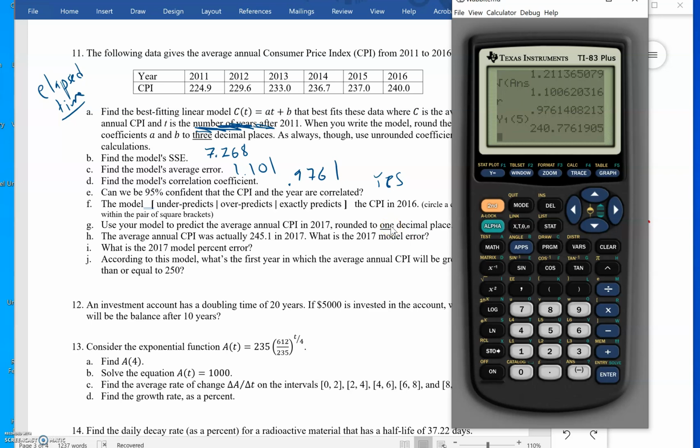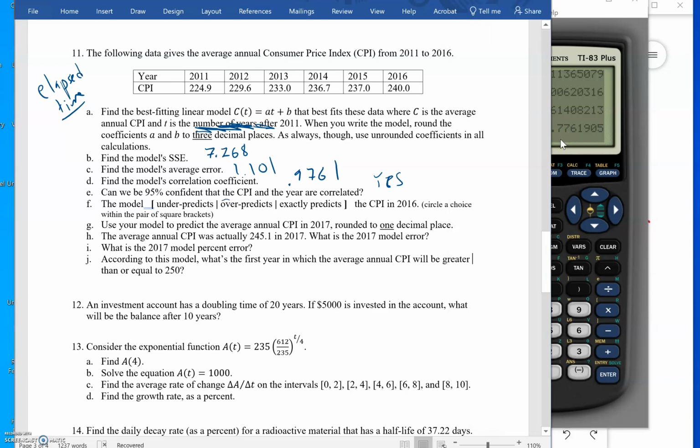So we have a slight over prediction because the actual is 240, the predicted is 240.77, slightly larger, so we over predict a little bit.